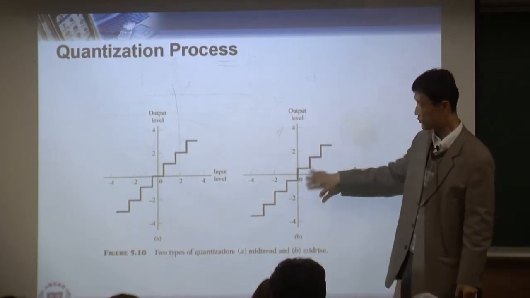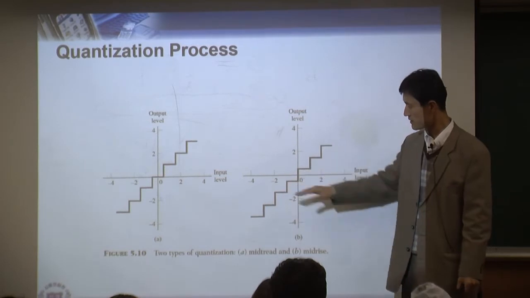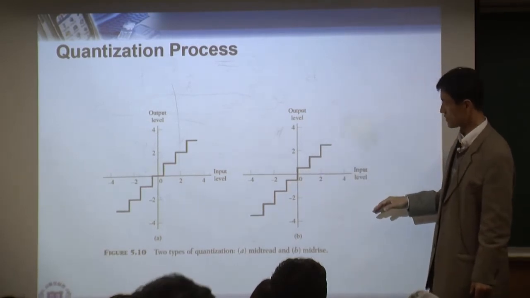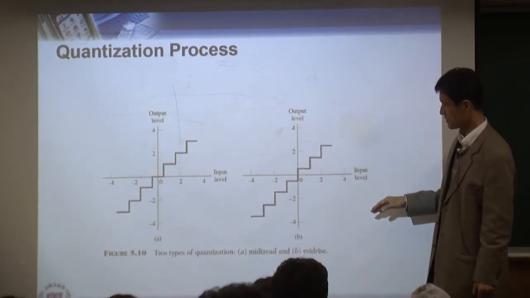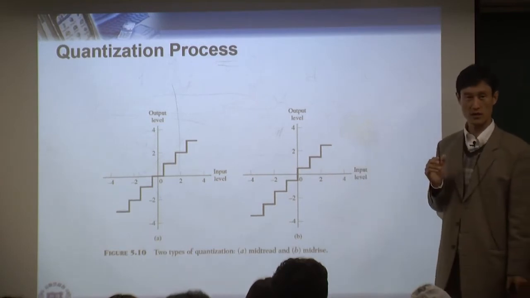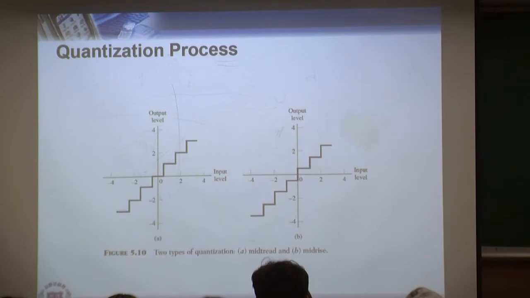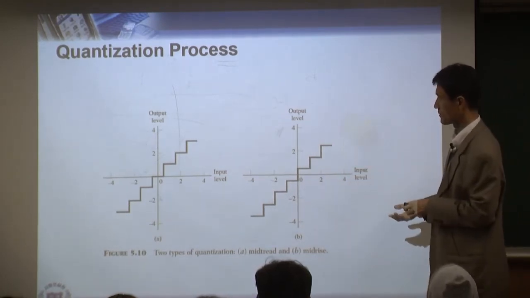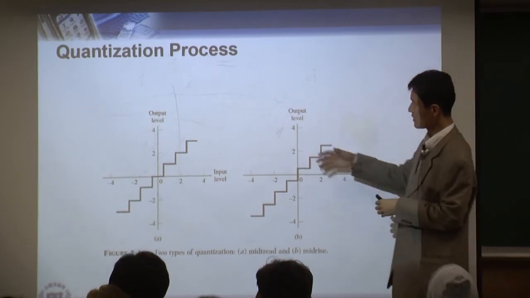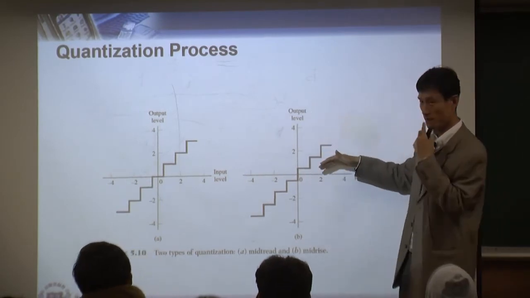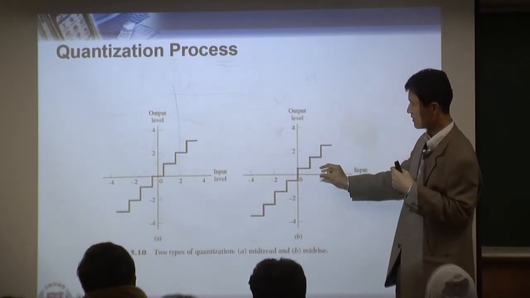So that's why we have a staircase function like this. That's how a quantizer works. We have two different ways, but it's basically the same thing. So generally, the quantization is like a unit step.